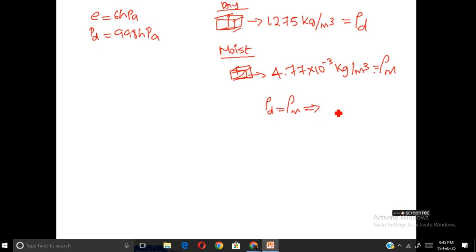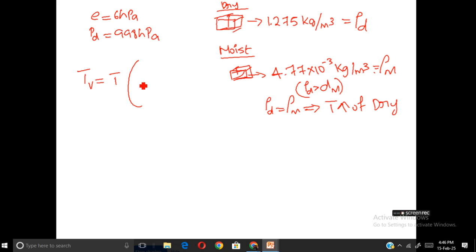The method is to increase the temperature of the dry air parcel, because rho d is greater than rho m. For rho d to be equal to rho m, the temperature of the dry air should be higher. So we will find the temperature up to which the temperature of dry air should be increased, so that both will have the same density.